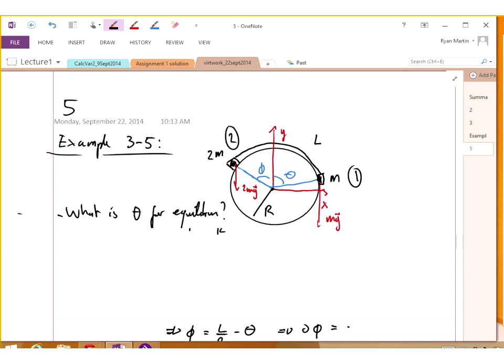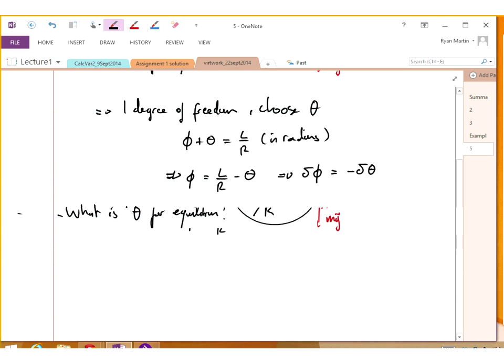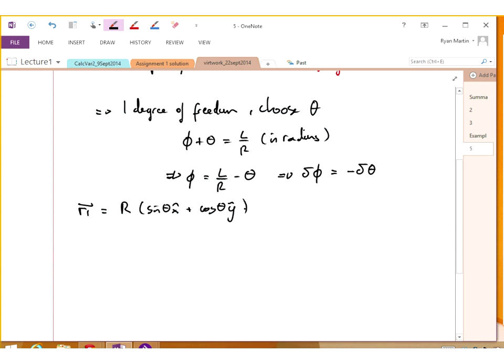And then let's write out the vectors R1 and R2 where the weights are applied, and that's the position of the two masses, right? So R1 vector is going to be equal to R times sine theta x hat plus cos theta y hat.